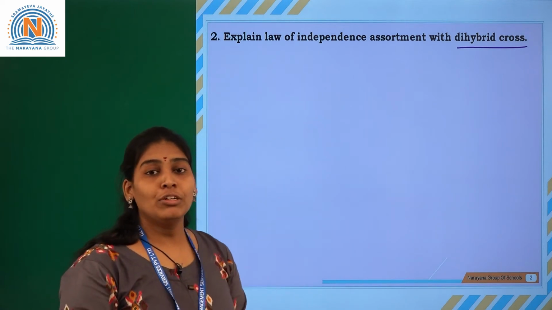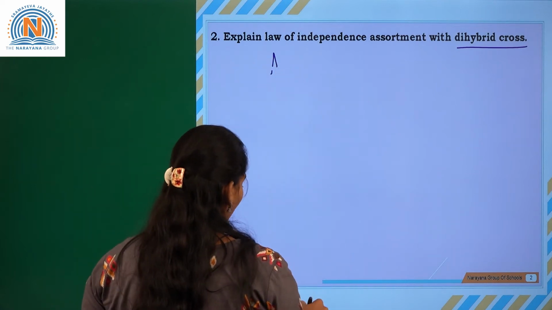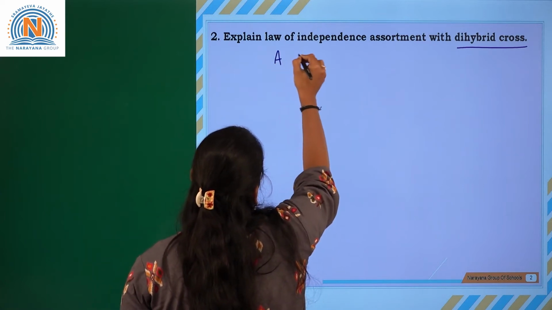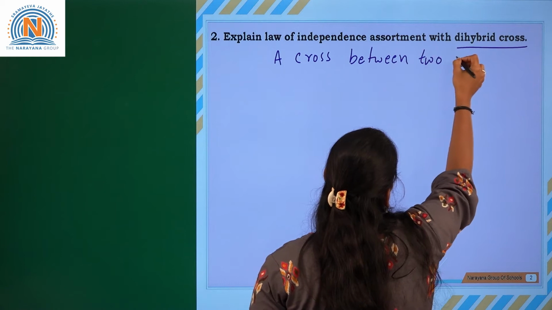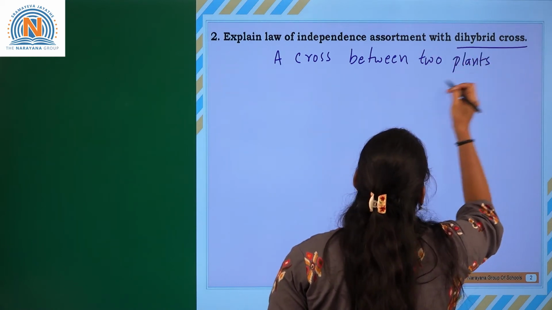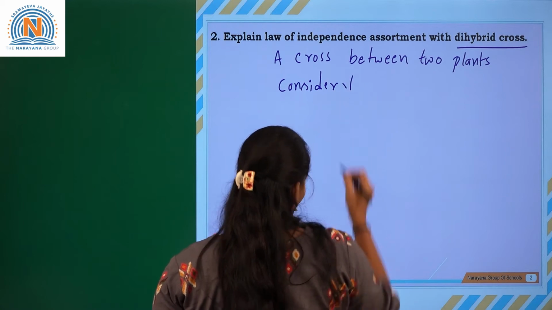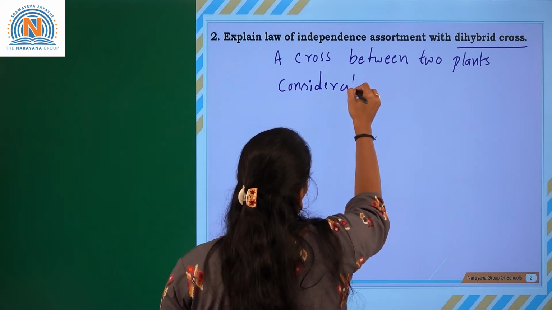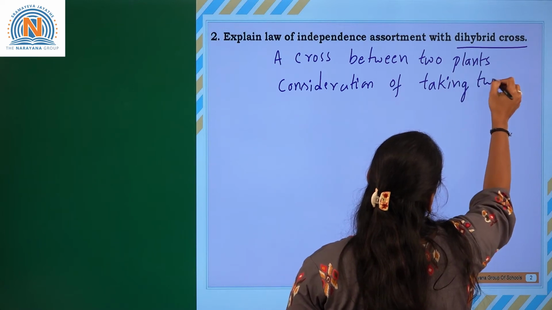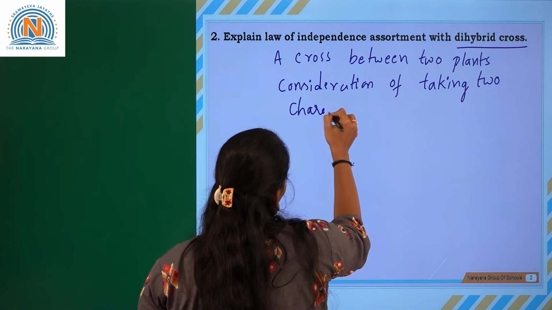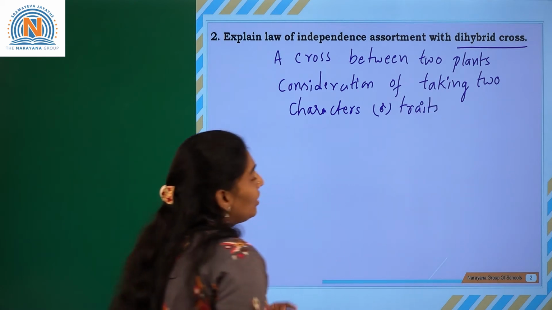So we need to take two characters, or traits, into consideration in a cross between two plants.